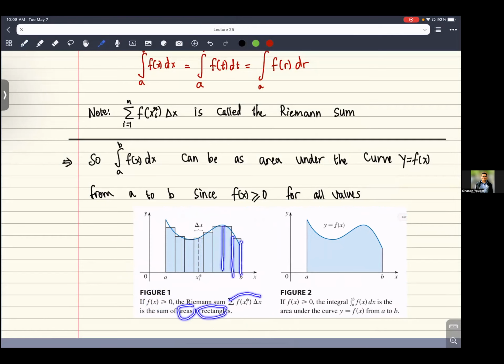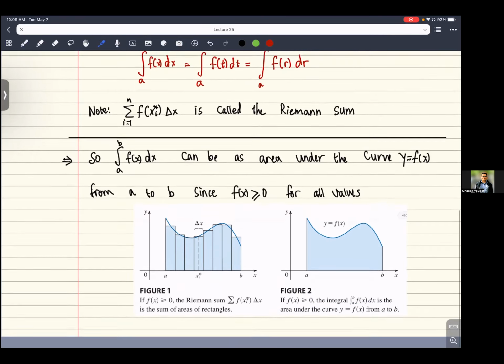As we learned last time, we divide the area into subintervals, into rectangles, and we find the area of each rectangle, and we find the approximate area under the curve. The same goes for the integral. If the function is positive, the integral is the same as the area under the curve. Make sense?